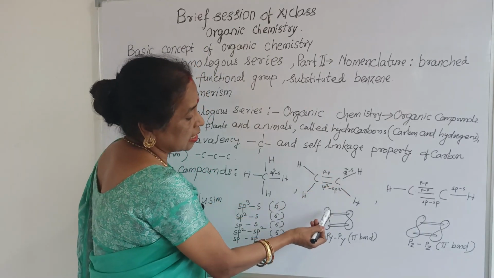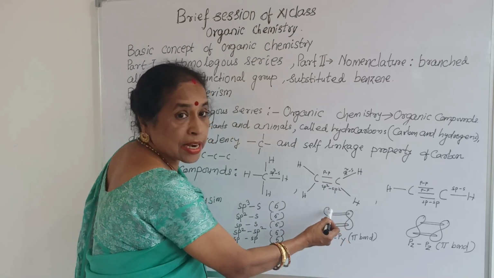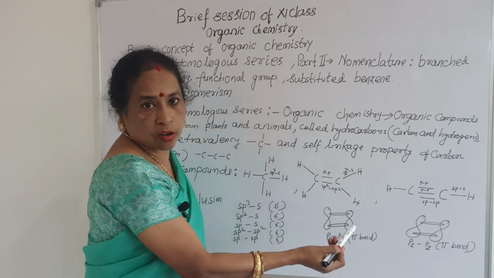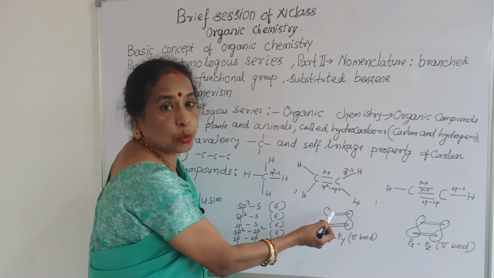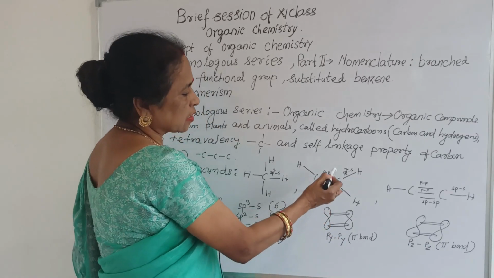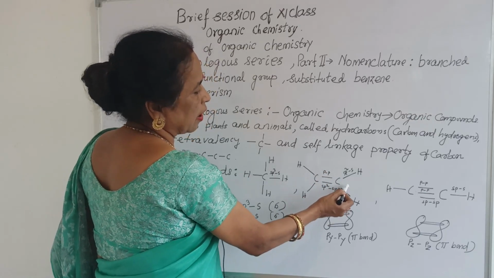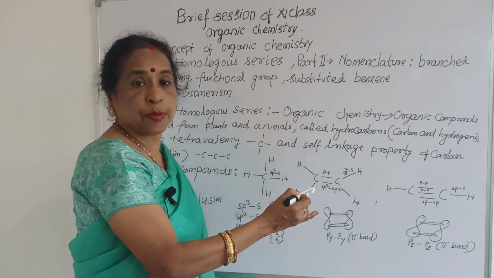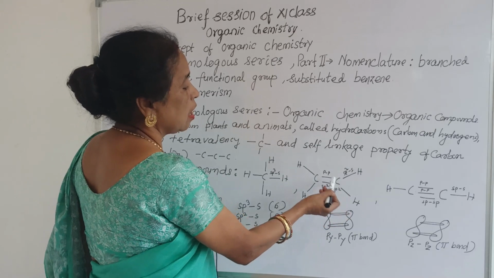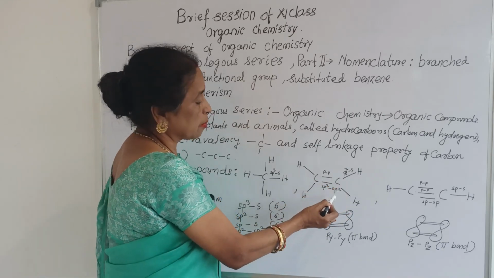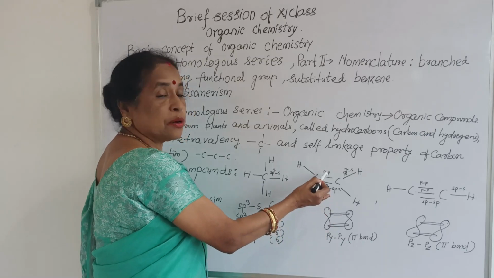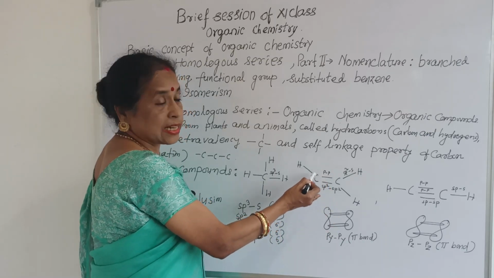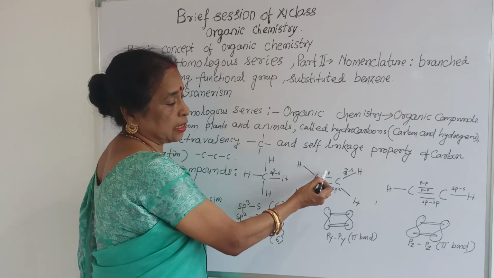See here, this is py sidewise overlapping, also called lateral overlapping, which gives a pi bond having 2 lobes. That means here you can find 4 sp2-s sigma bonds, and between these 2 carbons, one sigma bond, that is sp2-sp2 overlapping. The other one is a pi bond, that is lateral overlapping of p-p orbitals.